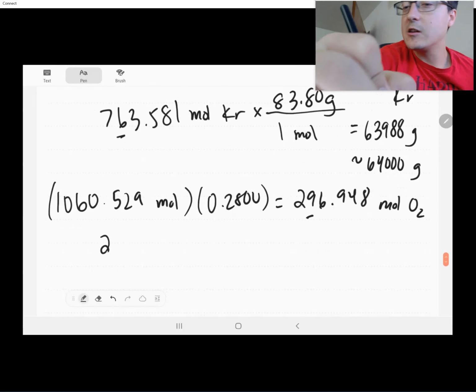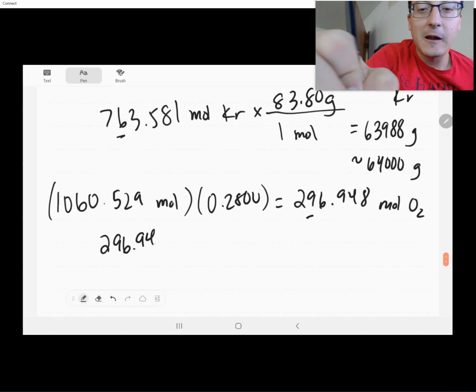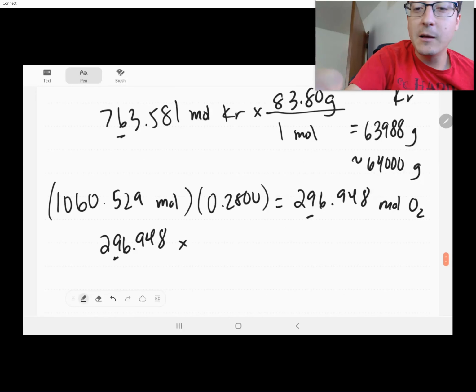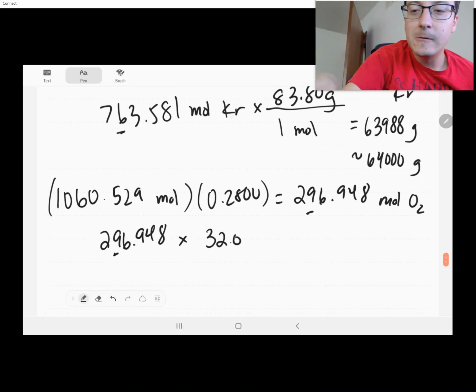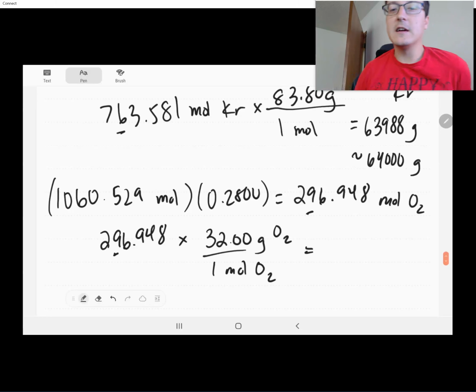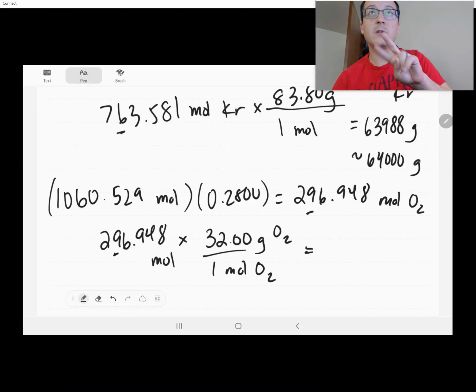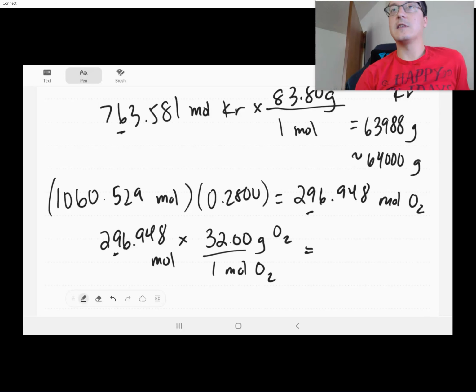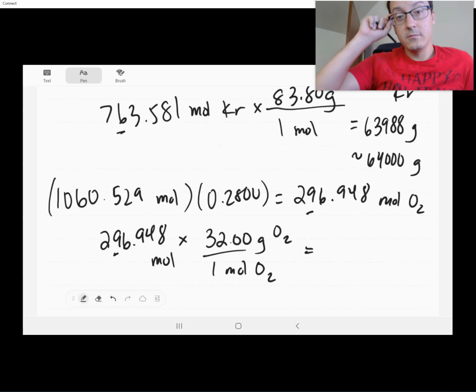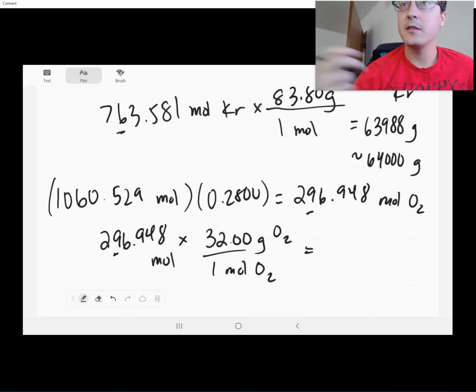And then we're going to take 296.948 moles, multiply by 32 grams per mole. Remember that, sorry, I forgot moles here. Oxygen is 2 as a subscript, so you'll have to use 2 oxygens. And so what's that going to be, Elsa? It'll be more than 1,000, right?